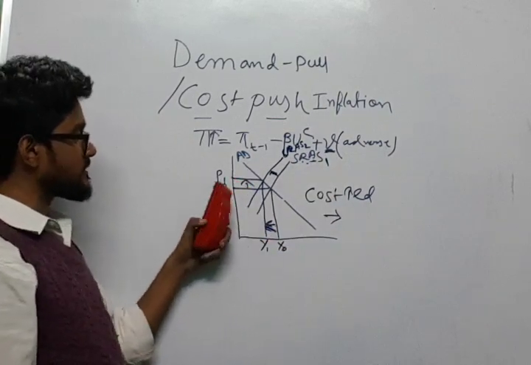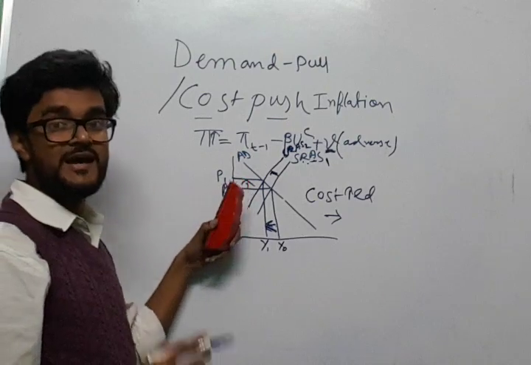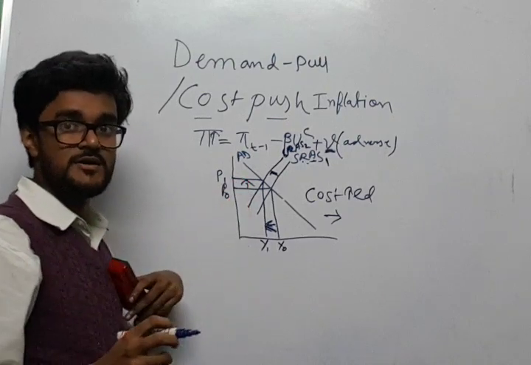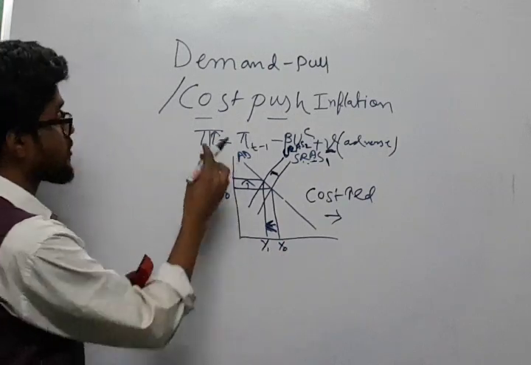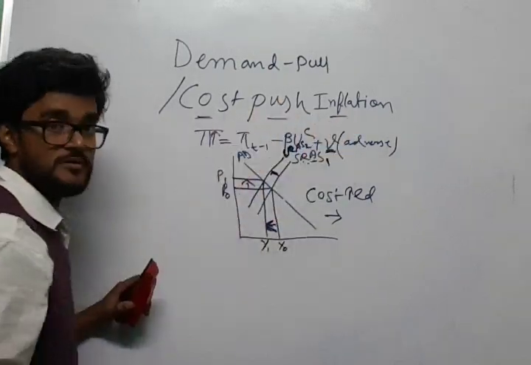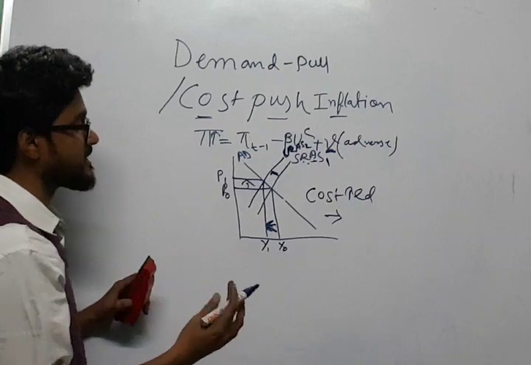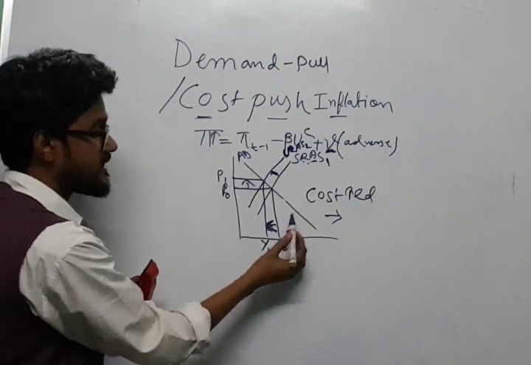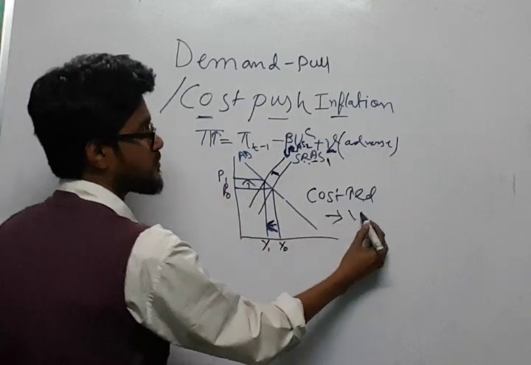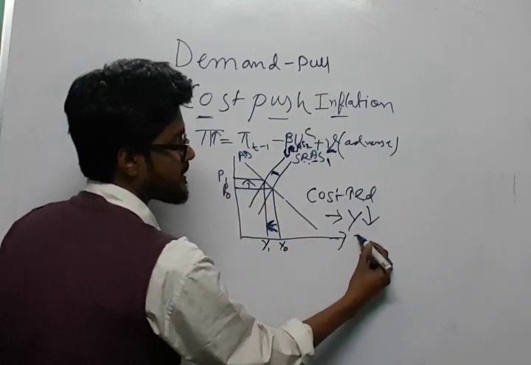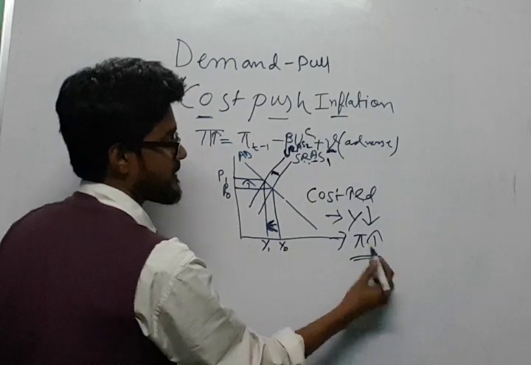As a result, the price level has increased and inflation has taken place. This is known as cost push inflation. How has cost push inflation taken place? Due to the increase in cost. So output has fallen, which leads to increased price, inflation.